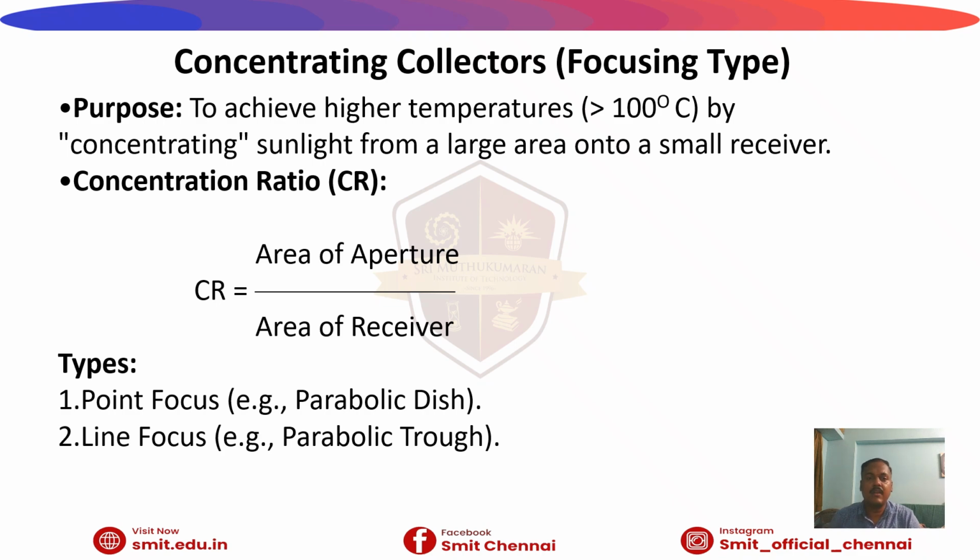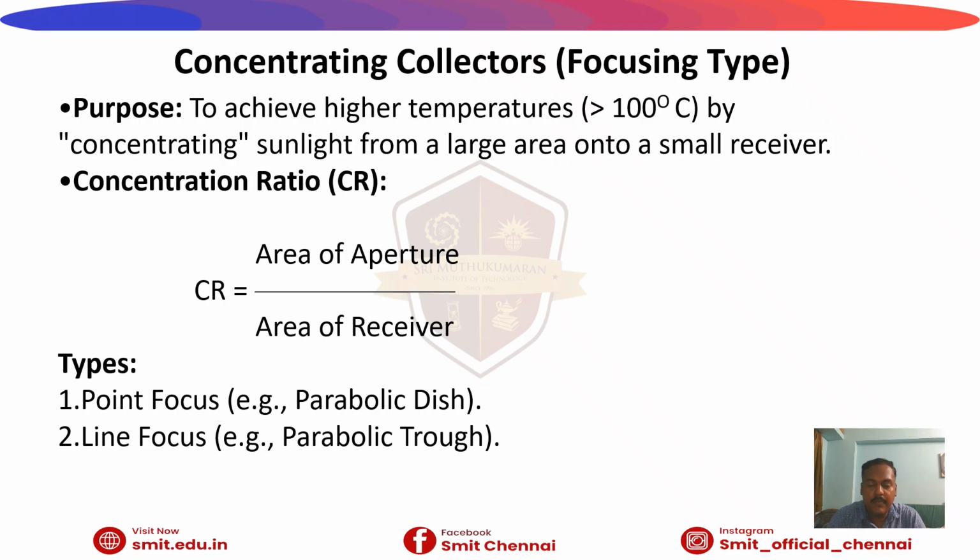Now we are going to see about concentrating collectors, the focusing type. The purpose is to achieve high temperature, greater than 100 degrees Celsius, by concentrating sunlight from a large area onto a small receiver. That is, from the large area we concentrate to one particular point. This can be calculated using the concentration ratio formula, CR equals area of aperture divided by area of receiver.